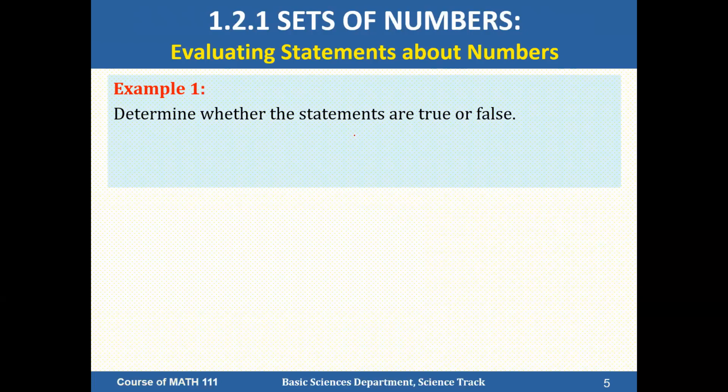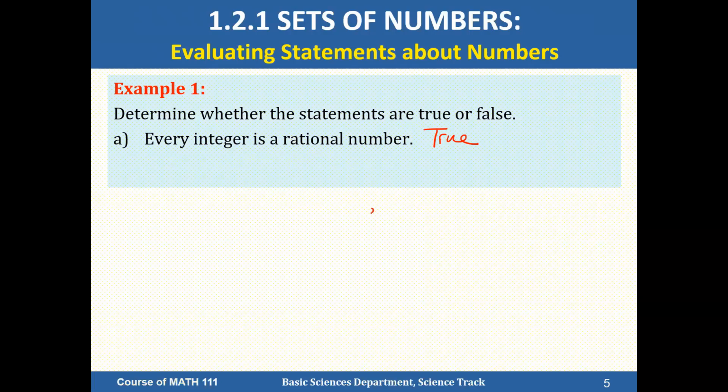So, example 1: determine whether the statements are true or false. A. Every integer is a rational number. So this statement is true. Why is it true?